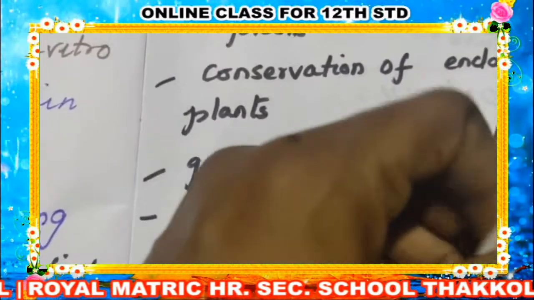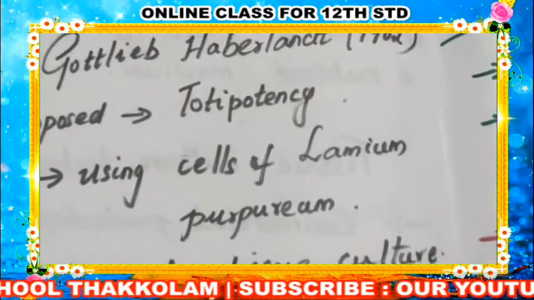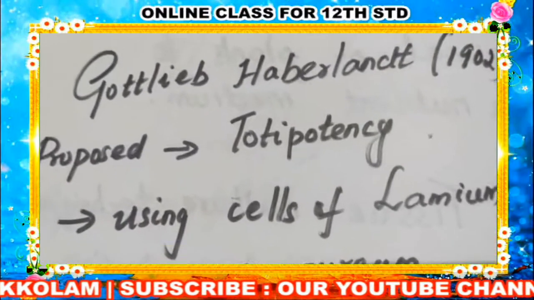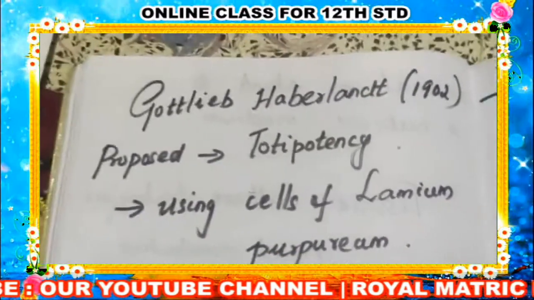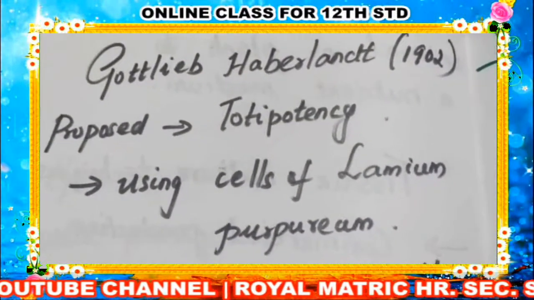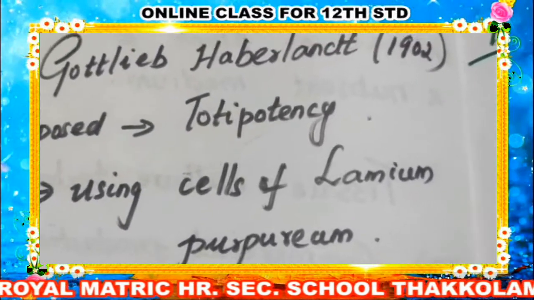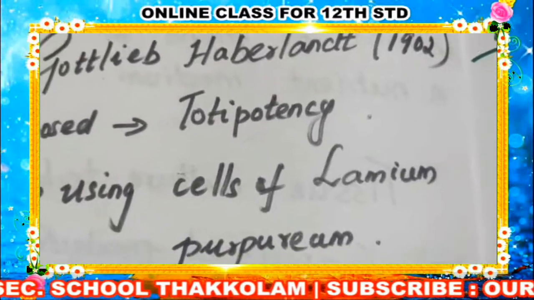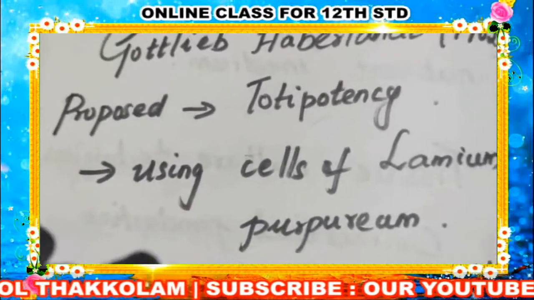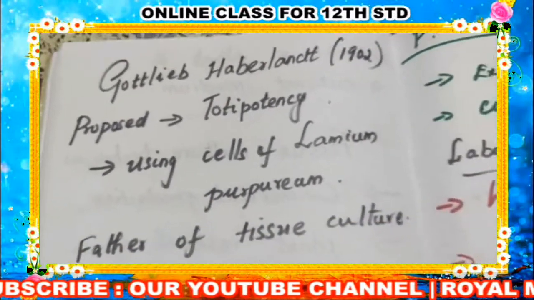Now we are going to see who proposed plant tissue culture. His name is Gottlieb Haberlandt. He proposed totipotency, the basis of tissue culture, in 1902, using the cells of Lamium purpureum.